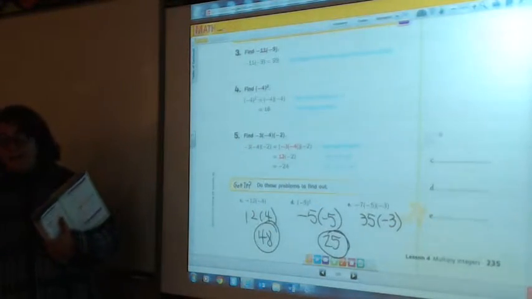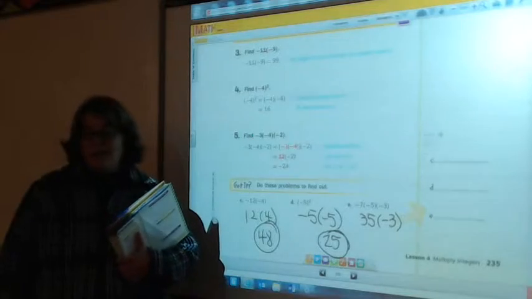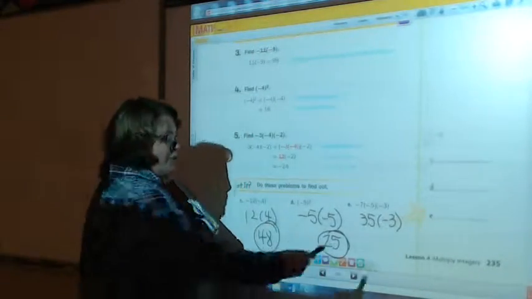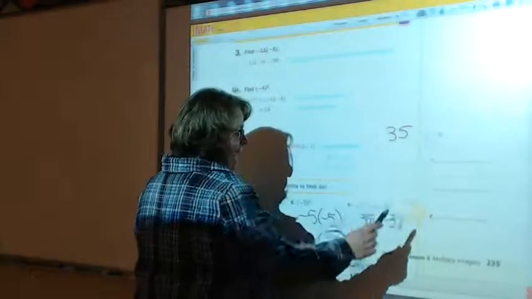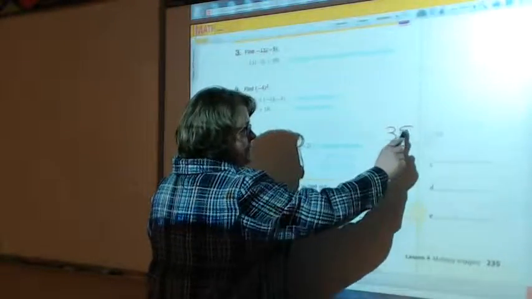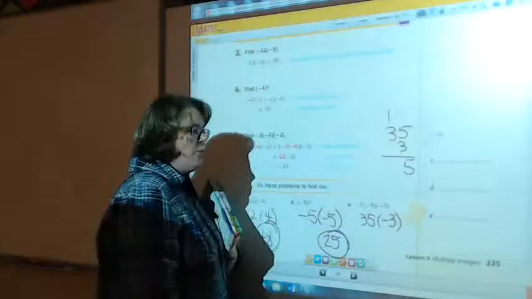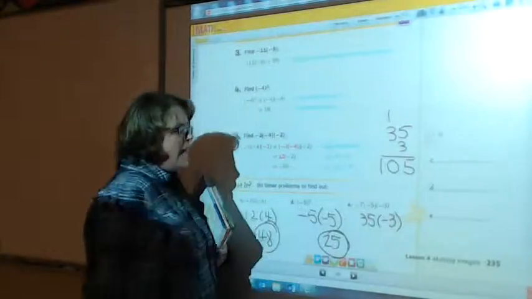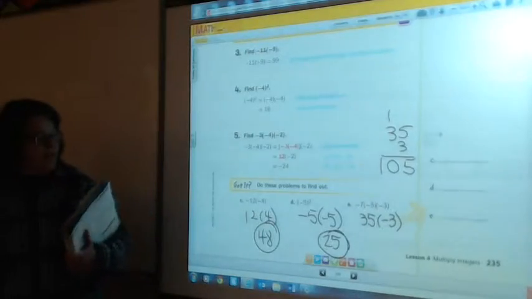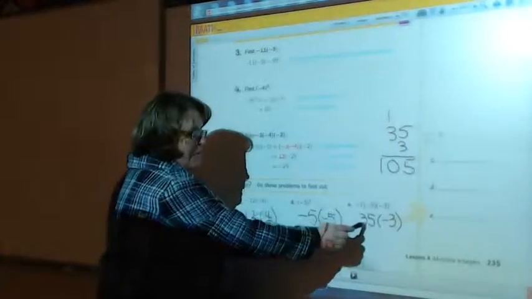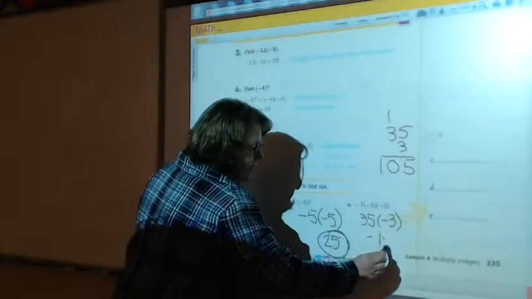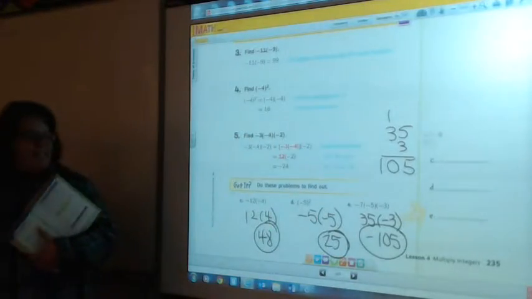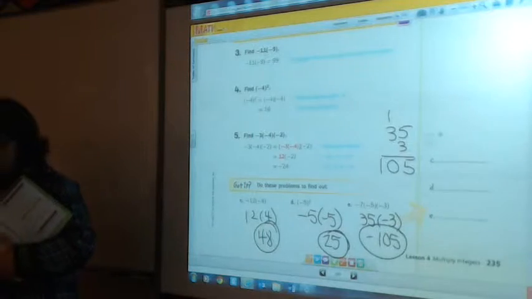Now, I don't want you using calculators in this chapter because of that negative button. I need you to stay away from that negative button. So if you need to, do 35 times 3. 5 times 3 is 15, carry your 1. 3 times 3 is 9, plus 1 is 10. So your answer is 105. But this is a negative times a positive. So it's a negative 105.